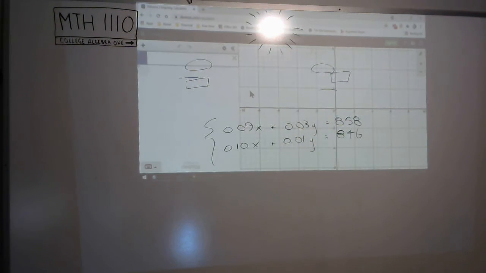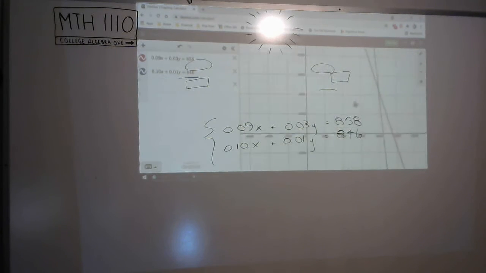But yeah, you can type in 0.09x plus 0.03y equals 858, and 0.10x plus 0.01y equals 846.